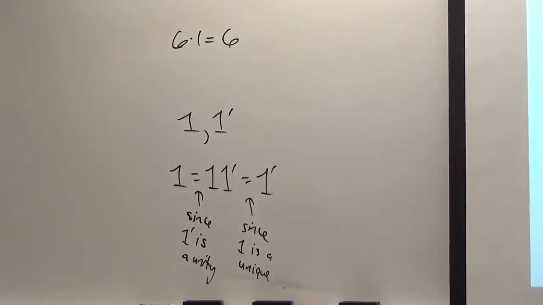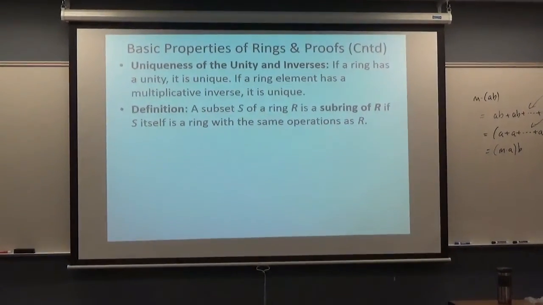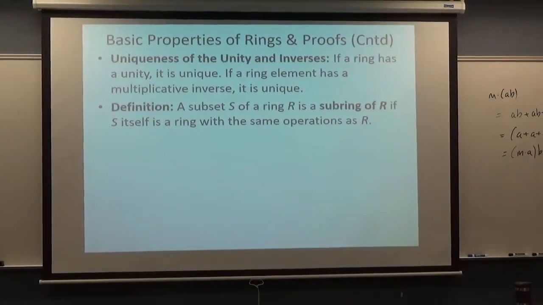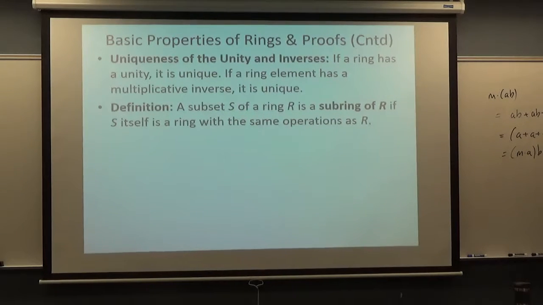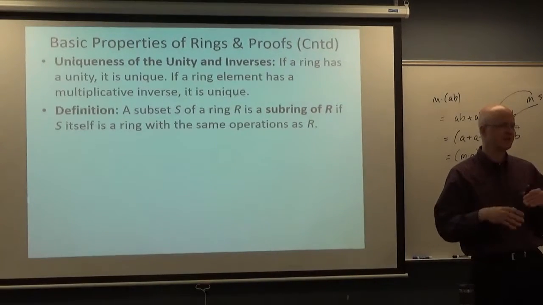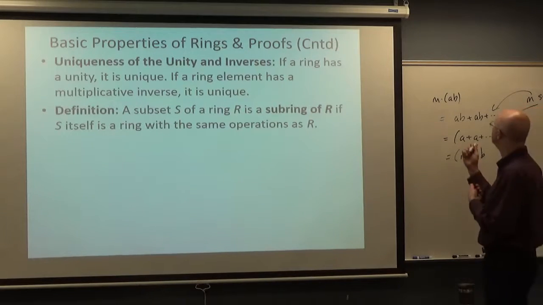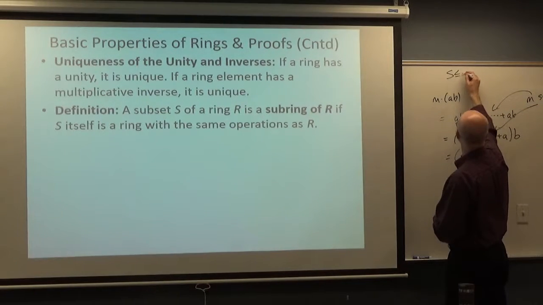And inverses are unique. A subset S of a ring R is a subring of R if S is itself a ring with the same operations as R, analogous to the definition of a subgroup. To my knowledge, and I've looked in my notes and my old books, there's no typical notation for subrings. I've seen people say, why not go ahead and write this?